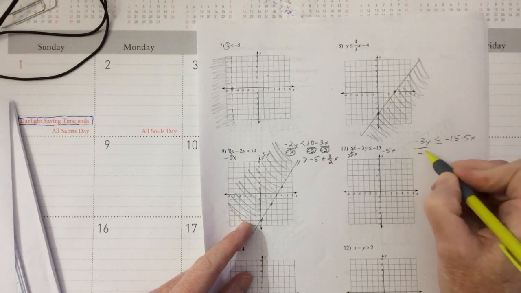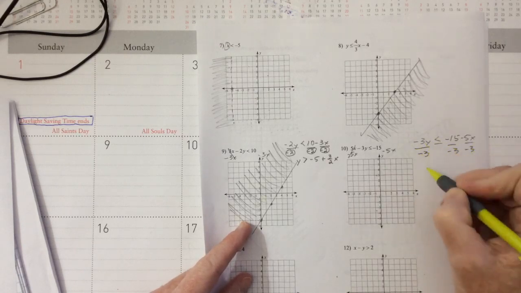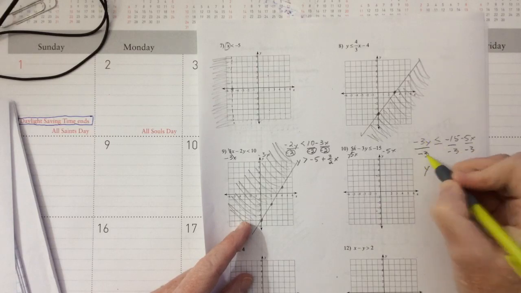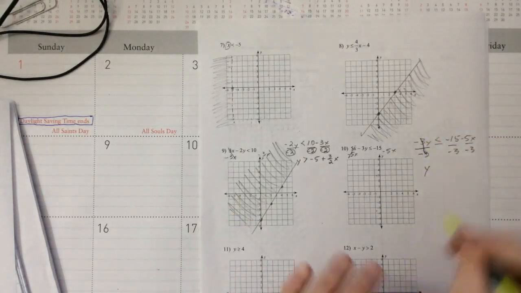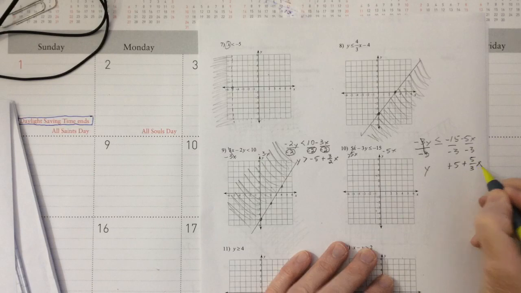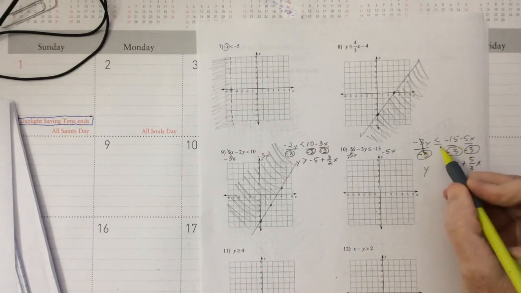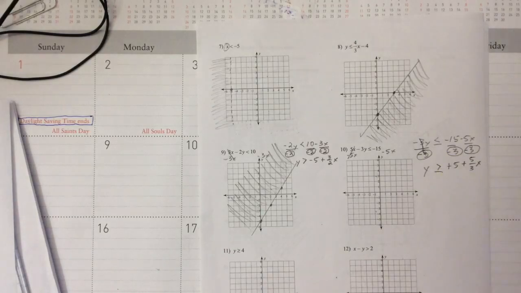Once again, they're having you divide by negatives. And that gives us y plus 5. And that's going to be a +5 over 3x. And since it's all negatives down here, we need to flip the sign.